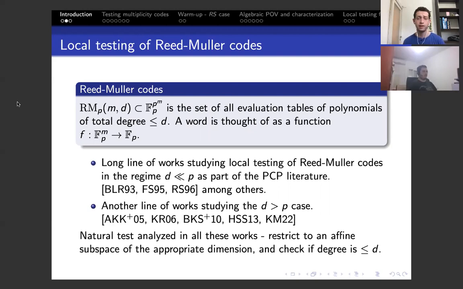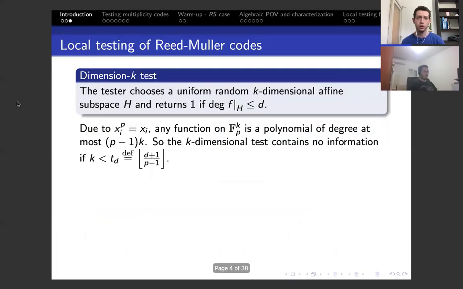Now, all of these works analyze basically the same test, and they differ in their analyses. And this is the test where we restrict to a small dimensional affine space and check if the restriction is of low degree. We call this the dimension k test, which uses a uniform k-dimensional affine subspace.